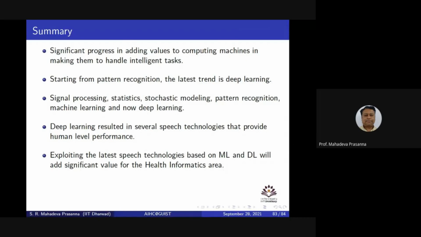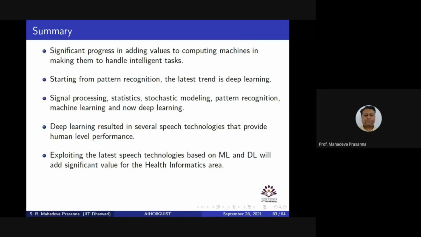So just to summarize, there is significant progress in adding value to computing machines, like machine learning and deep learning, from the framework point of view. We have GPU infrastructure and open source toolkits available. All these things are very good support systems to handle intelligent tasks. Starting from pattern recognition, we have reached the deep learning era, which has resulted in several speech technologies that provide human level performance.